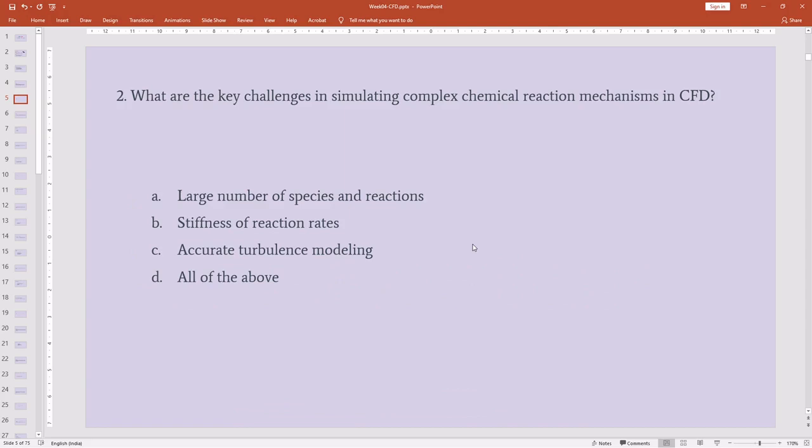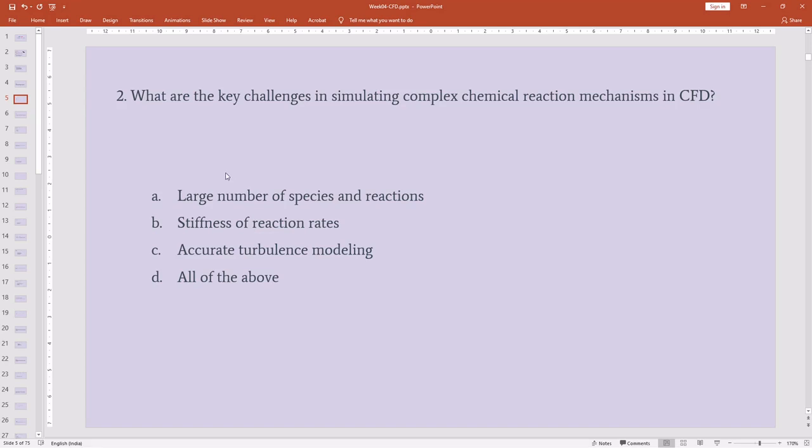Okay, next question. What are the key challenges in simulating complex chemical reaction mechanisms in CFD? As we have studied, we can simulate chemical reactions with CFD. So when simulating complex chemical reactions, what will be the key challenges?